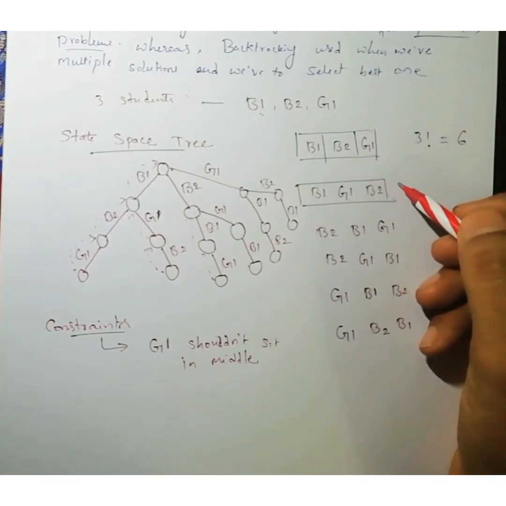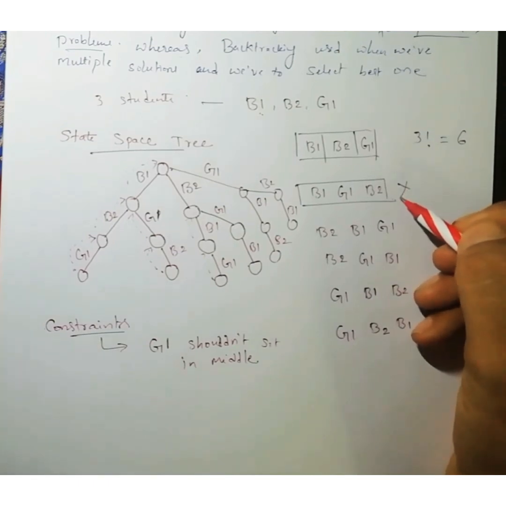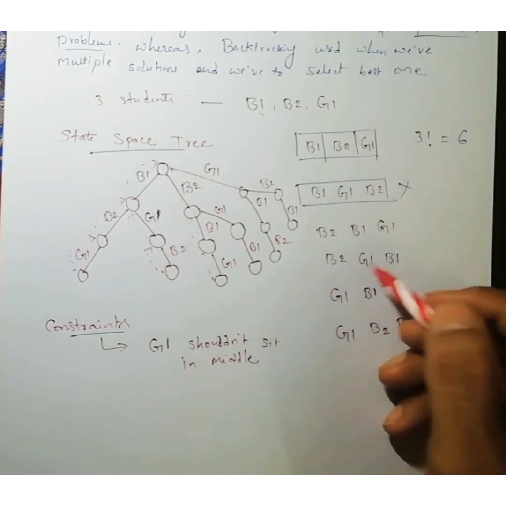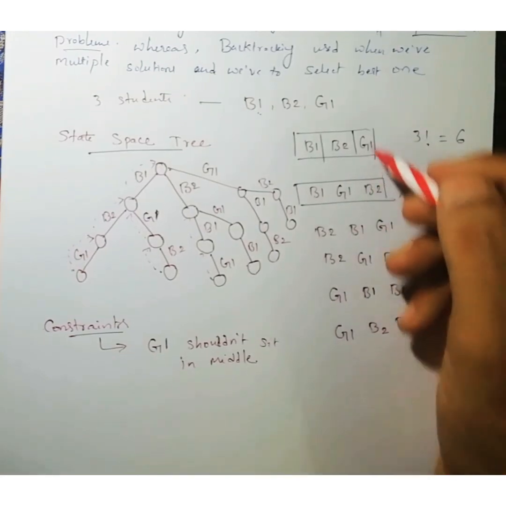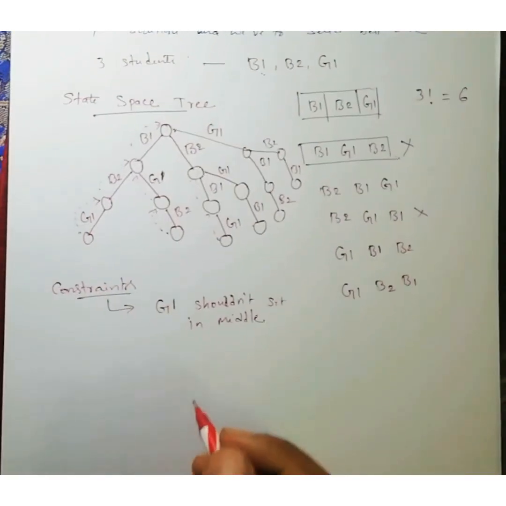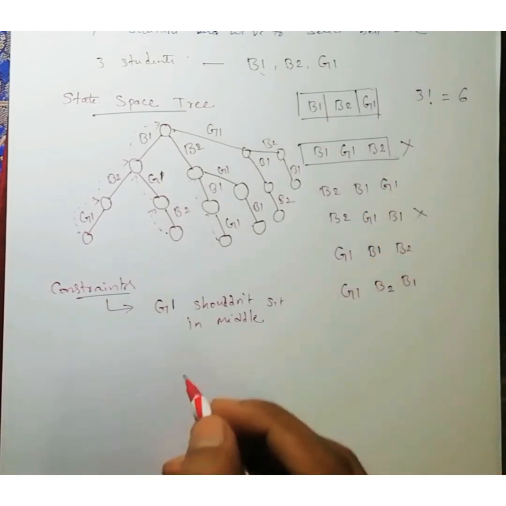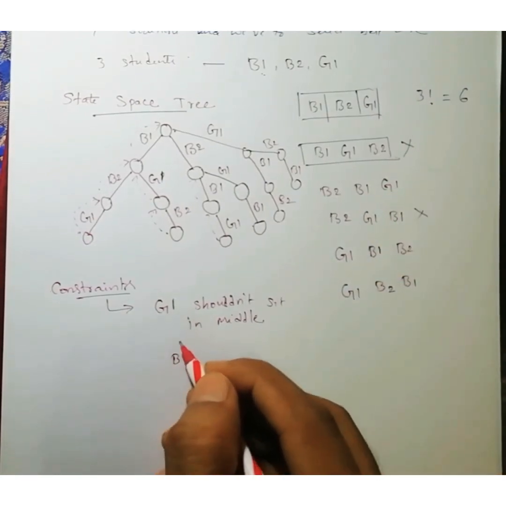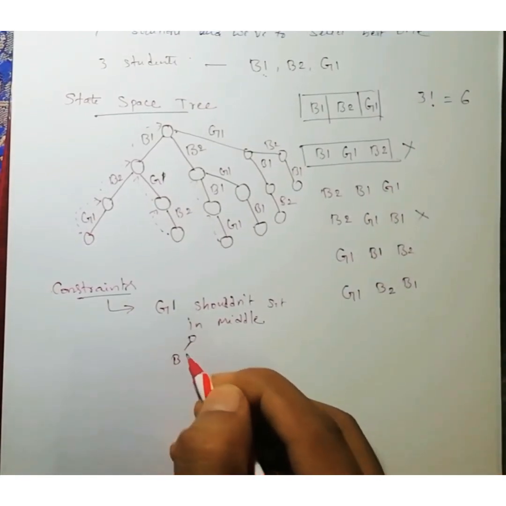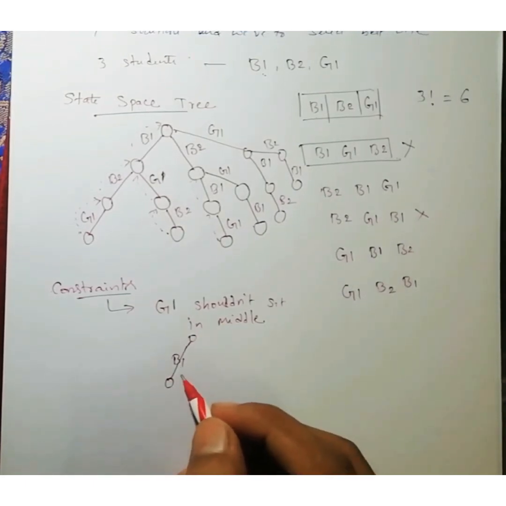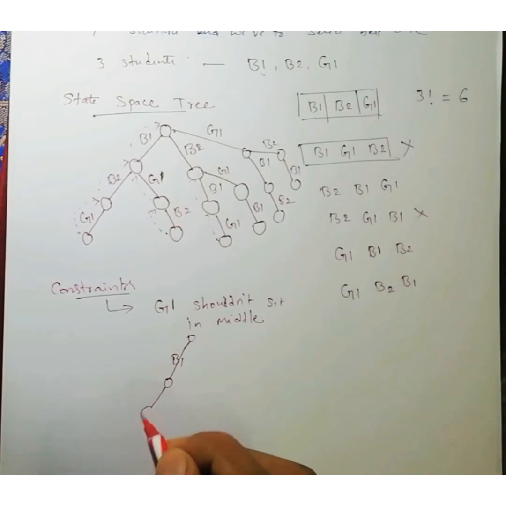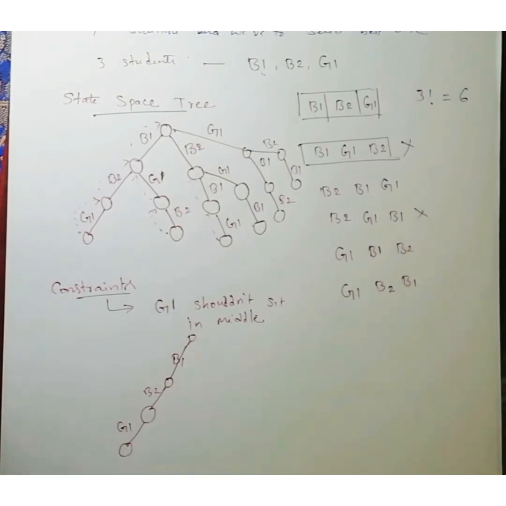This one. Should not sit means this possibility is not there, and this possibility with the girl in the middle is not there. That means we will get 4 solutions. Let me write the same thing. First B1 will sit, next B2 will sit, next G1 will sit. No problem, this possibility is perfect.